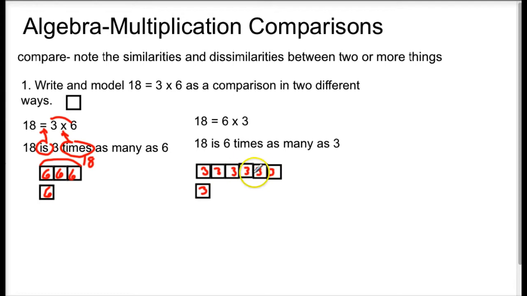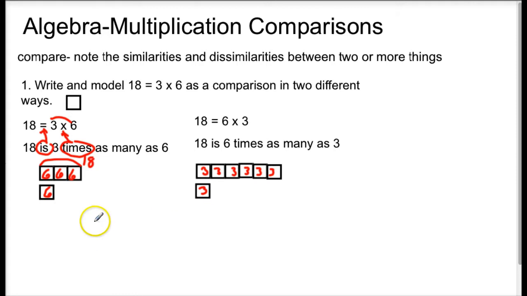So this is 6 times this 3 that's here on the bottom. Now we have our 2 comparison problems, and we can easily see that 3 times 6 and 6 times 3, although the products are both 18, they mean 2 different things, and we can see that represented here.